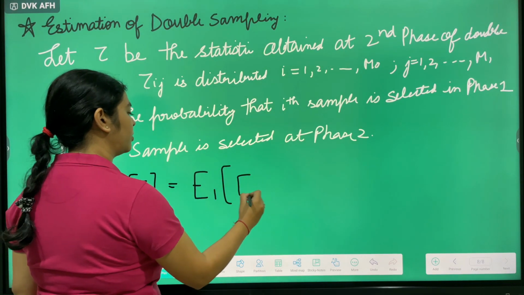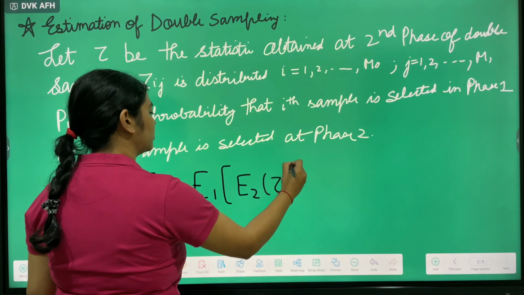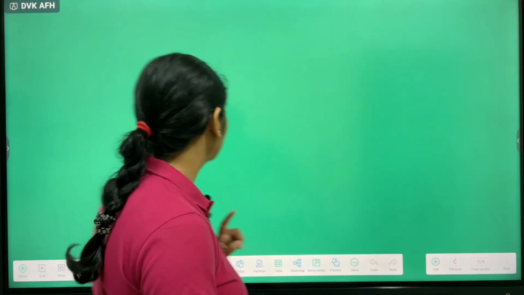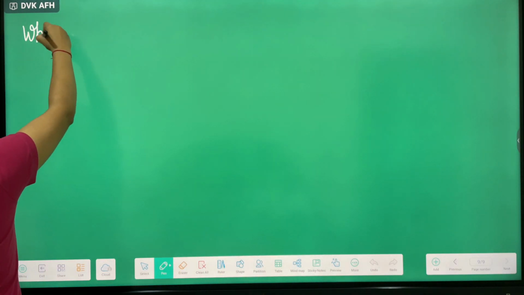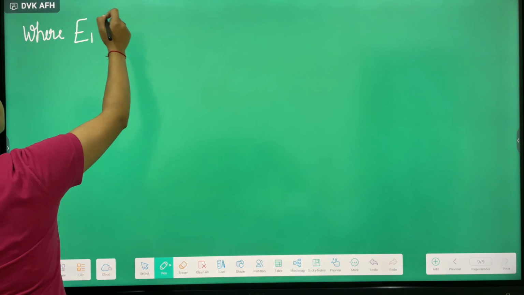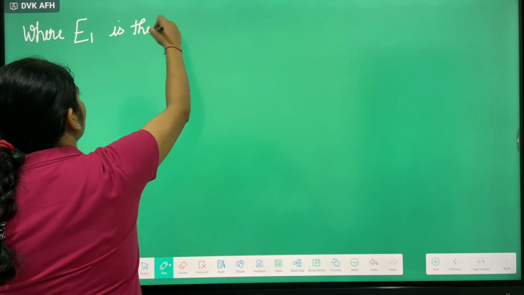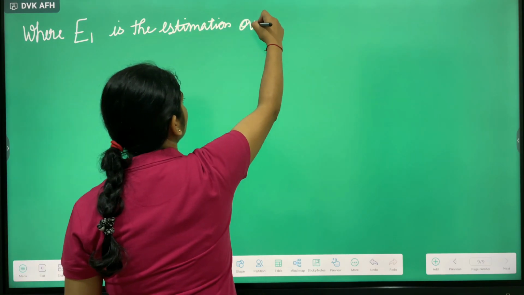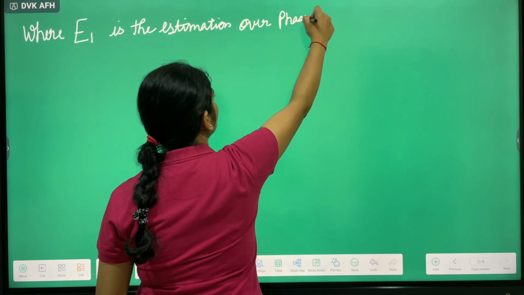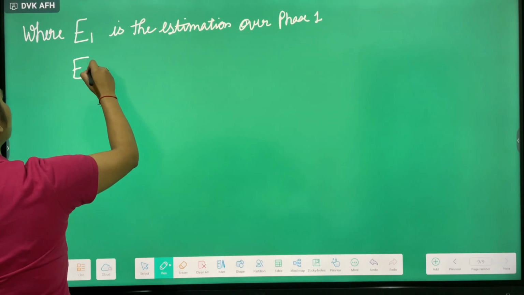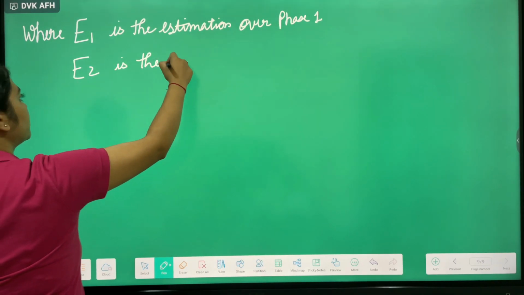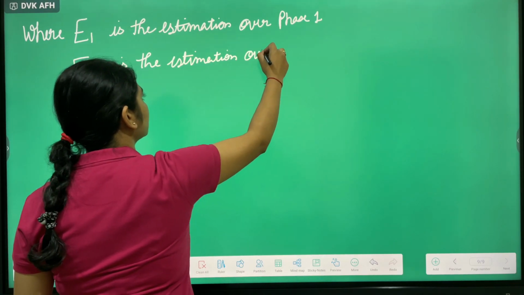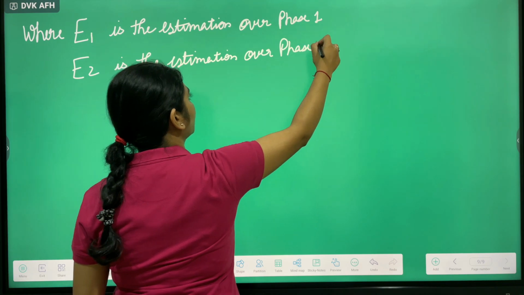estimation 1 into estimation 2 of tau. There will be two estimations, first for phase 1 and second for phase 2, where estimation 1 is the estimation over phase 1 and estimation 2 is the estimation over phase 2.